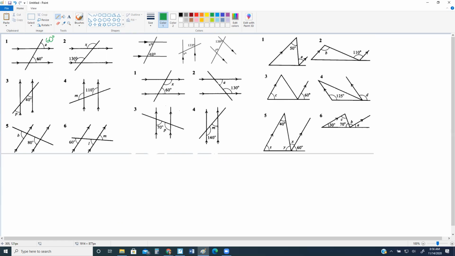This one's 130 degrees. This one's a corresponding angle, so it's 130 degrees. Let's do one more. This one's 40 degrees. This is its corresponding angle. So this one, I'm going to draw a little line, is 40 degrees.